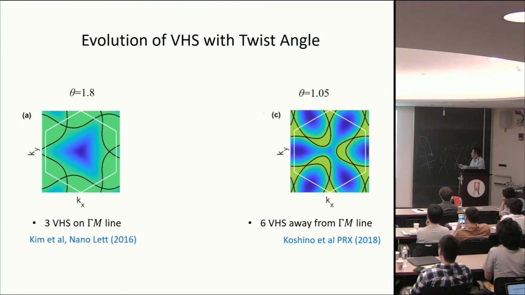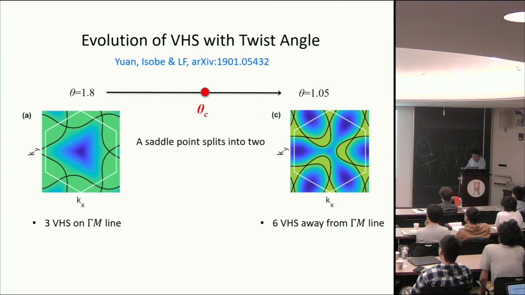Now, but when you go to 1.05 degrees, there are actually 6 Van Hove singularities, and they are away from the high symmetry line. So we know that these Van Hove singularities are guaranteed. They're topologically stable objects. Right? They can move around, but how can the number of Van Hove singularities change from 3 to 6?